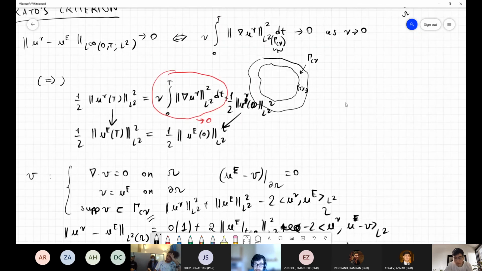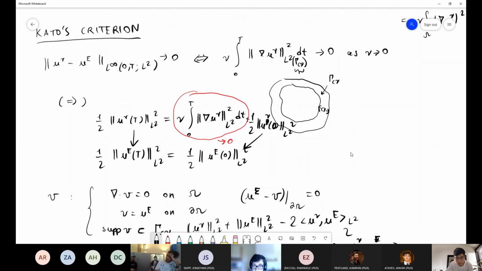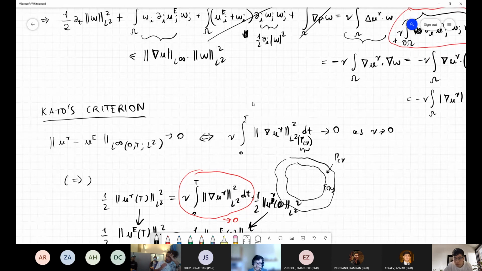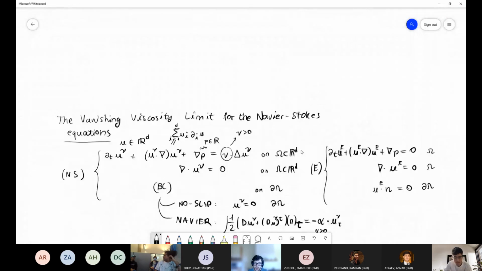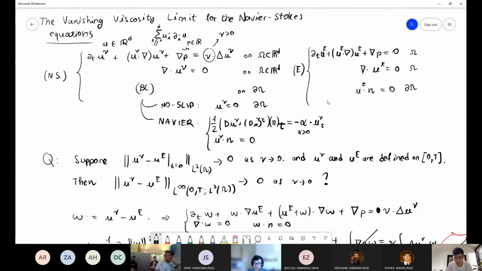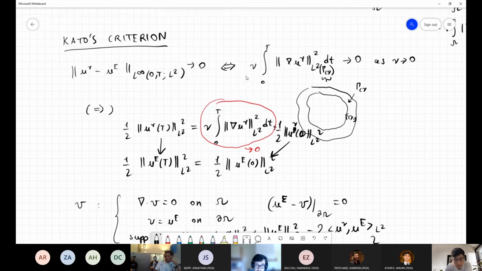All right, so this took longer than expected. This shows that the boundary condition in the Navier-Stokes equation, which is different from the boundary condition in the Euler equation, means that it's really difficult to give an answer to this type of question.